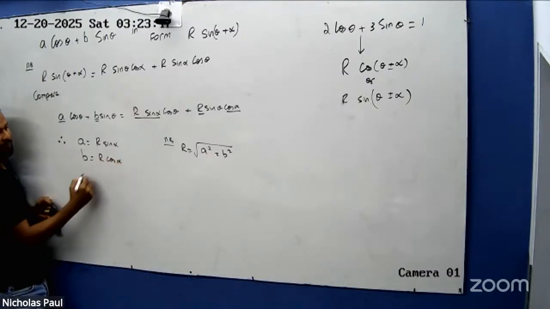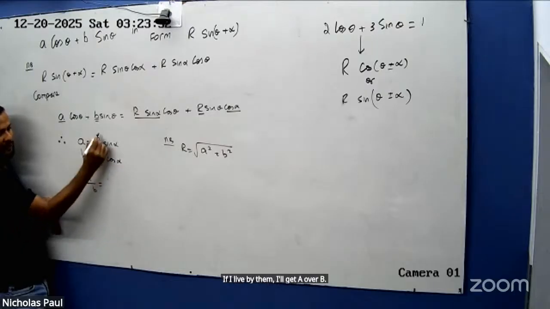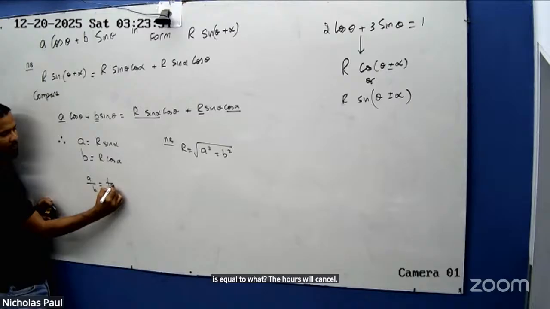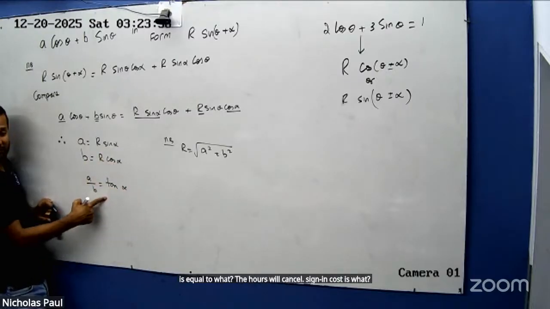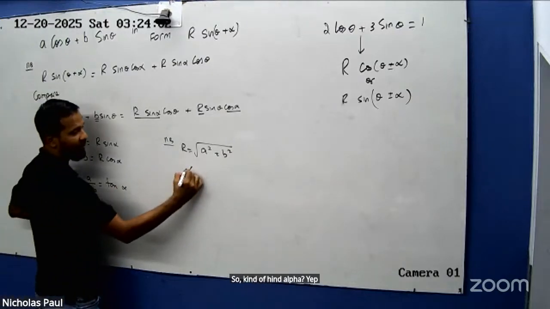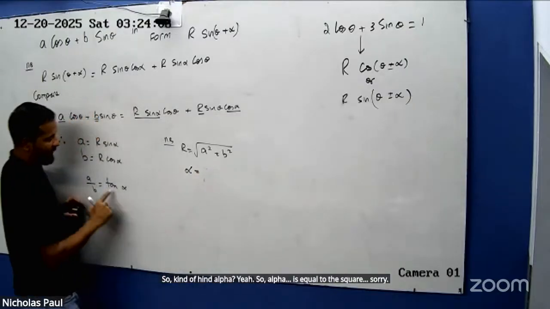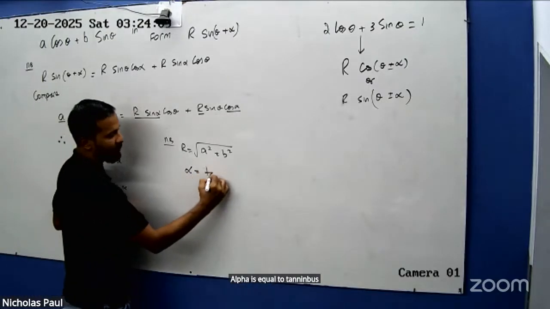I'll get A over B is equal to what? The R's will cancel. Sin over cos is what? So can I find alpha? Yeah. So alpha is equal to tan inverse of A on B.